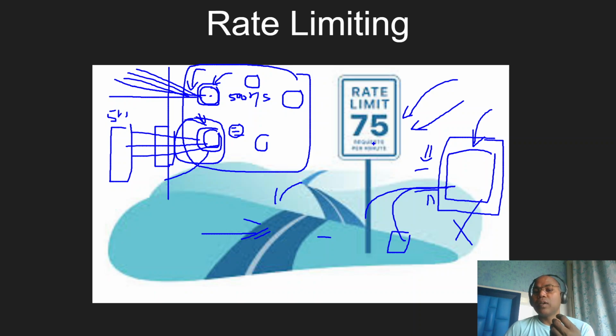Each customer has bought different plans and subscriptions, so according to the subscription, we have to decide that for this user, this many requests and this much data can be allowed by our system.